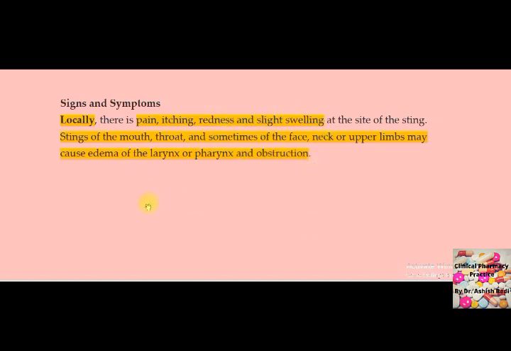If the stinging by that bee, wasp, or yellow jacket occurs at the mouth region, throat, and sometimes the face, neck, or upper limb, it can lead the patient into an edematous phase, causing edema of the larynx or pharynx. Locally it will cause pain, itching, redness, and slight swelling.